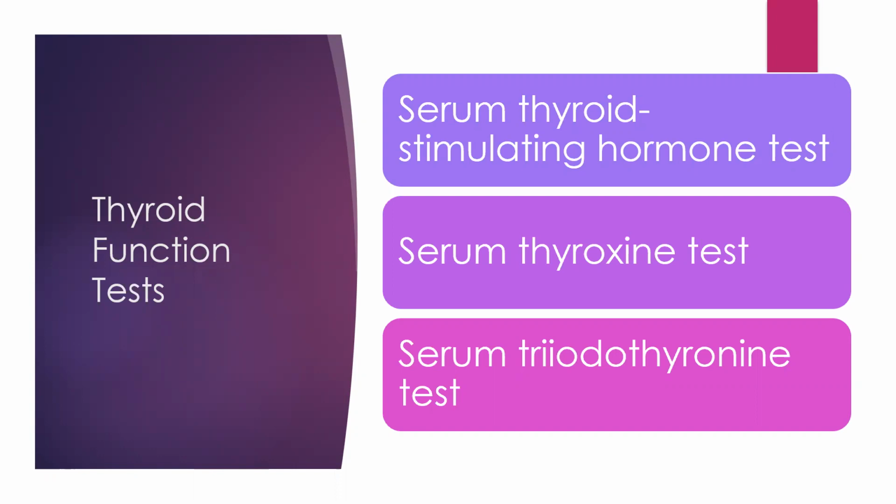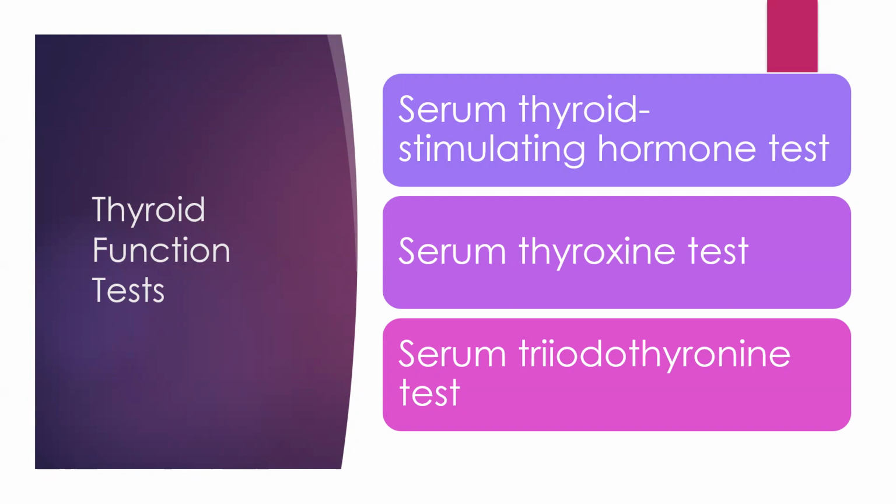So even just a small fluctuation in T3 or T4 is going to make TSH change in response to that. So just a tiny drop or tiny elevation in T4 is going to cause a huge drop or elevation in TSH. So TSH is going to be a really sensitive one.